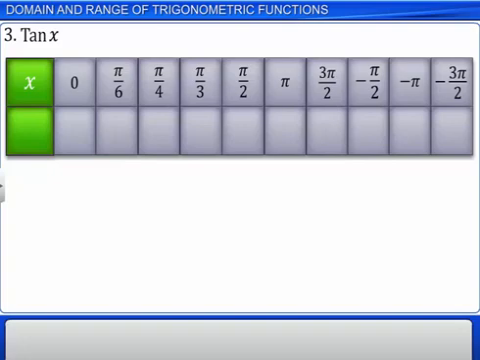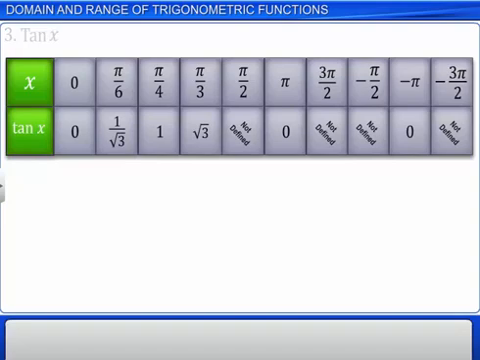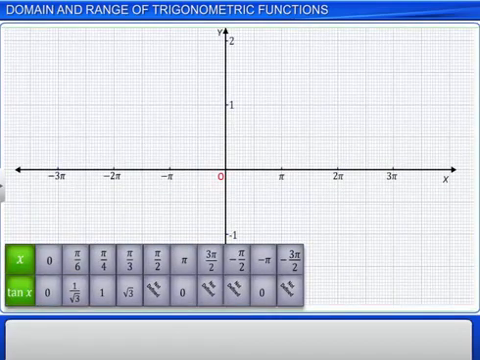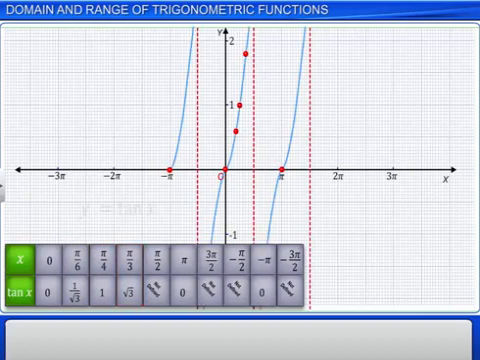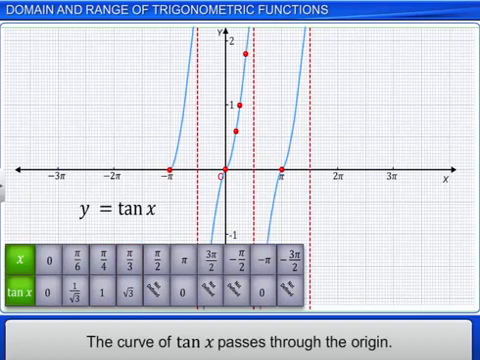Then, the corresponding values of tan x are as shown. Plotting the values of x on the x-axis and tan x on the y-axis, we get this graph. Observe that the curve of tan x passes through the origin.